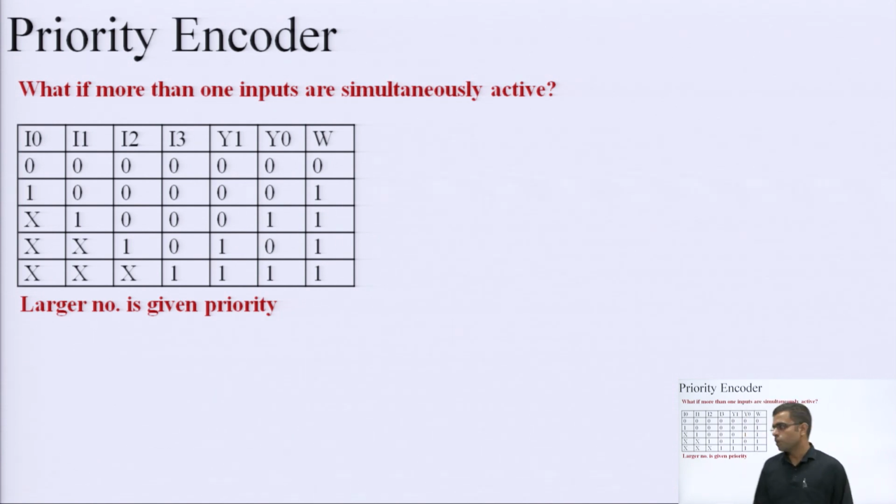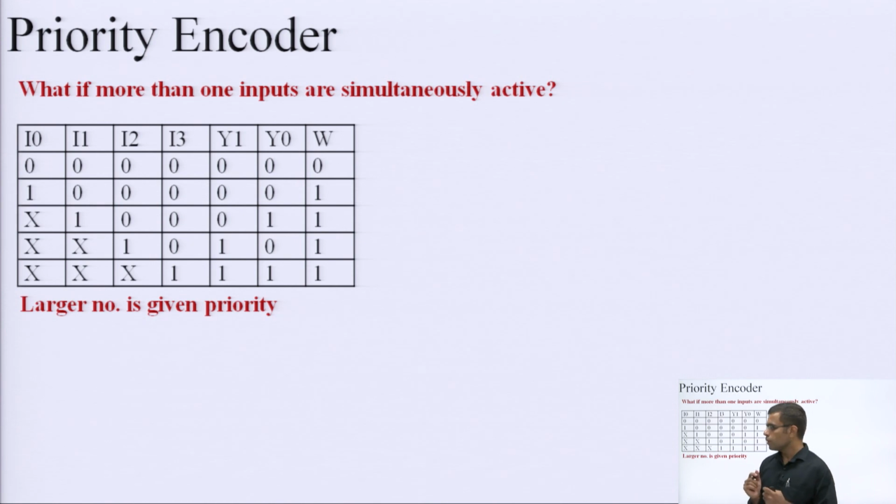So, priority encoder means: if more than one input is simultaneously high at a time, then what should the circuit do? In our previous lecture we had considered that only one of the inputs which needs to be converted into binary was high at a time, but if there is more than one input, then the circuit will not be able to respond as to which input to consider for conversion into binary.